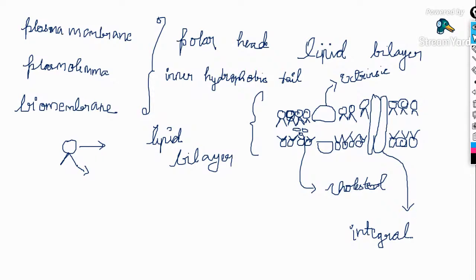So that's about the lipid bilayer and extrinsic and intrinsic proteins. Hope it's fine.